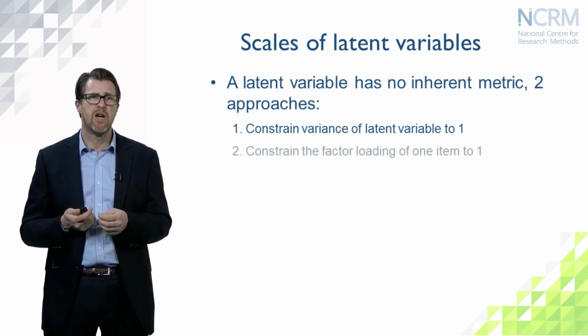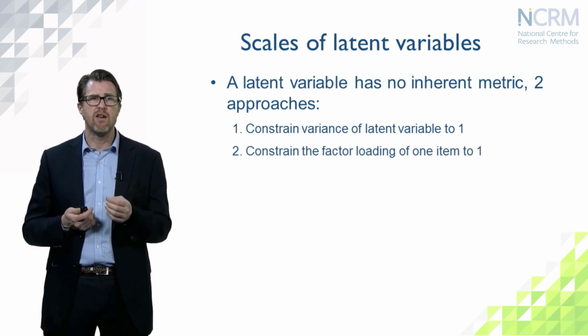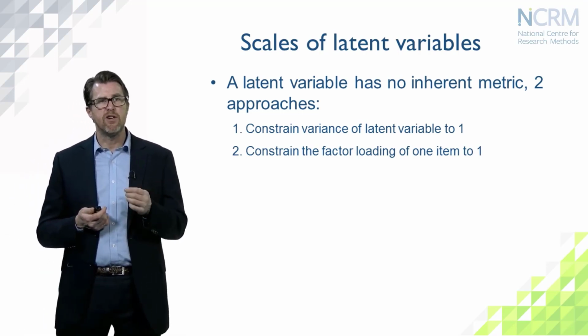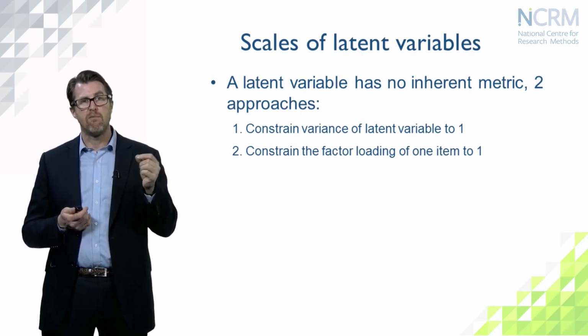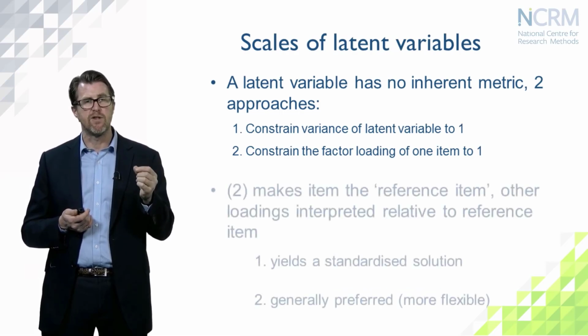The second approach is to constrain one of the factor loadings to take the value 1. By doing this, we take the scale from that particular item, which we'll call the reference item.